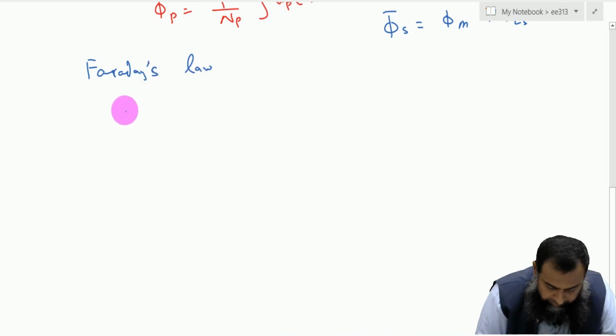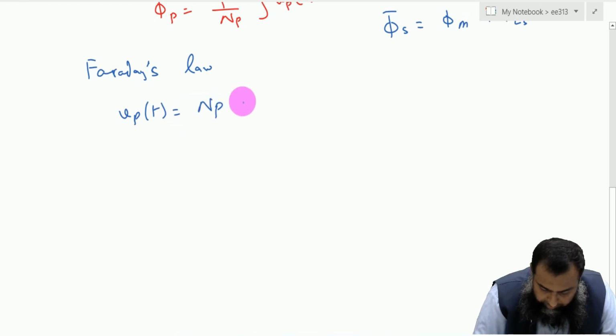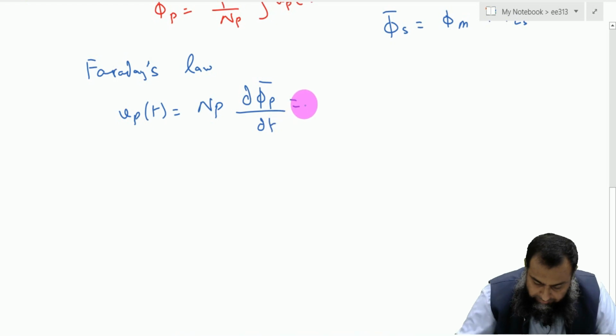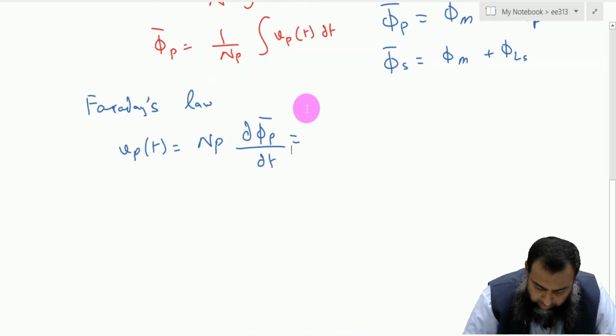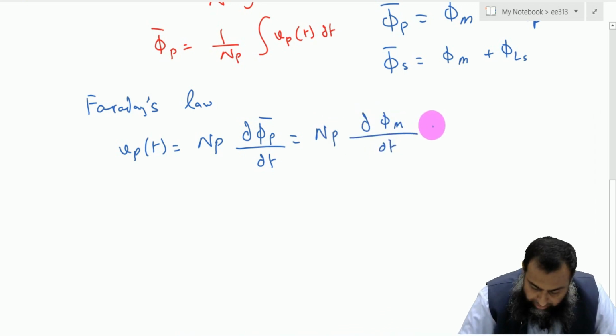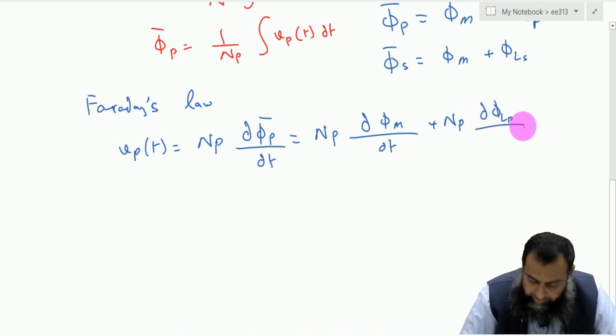So we have Vpt equals Np dφp/dt, and because this φp has two components, that becomes equal to Np dφm/dt plus Np dφLp/dt, right?